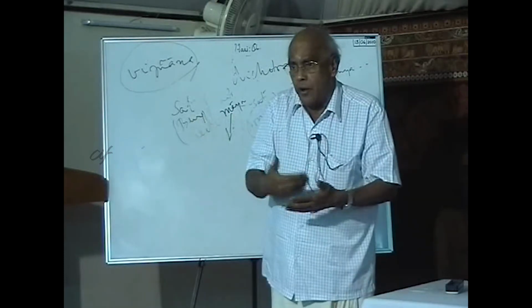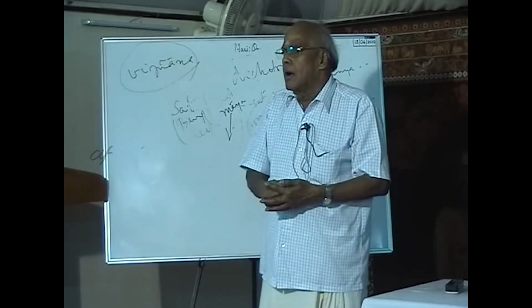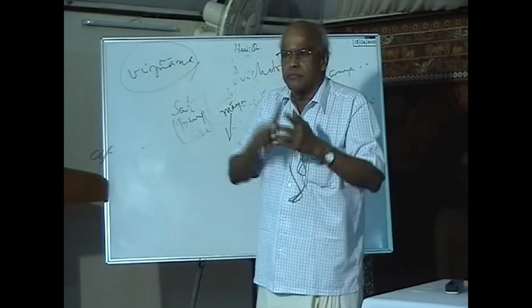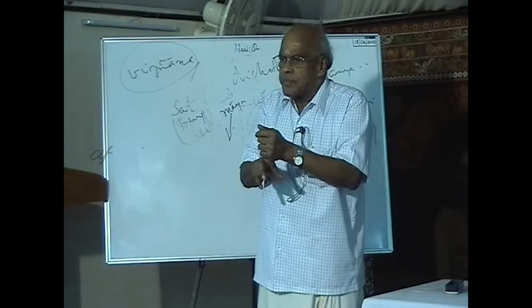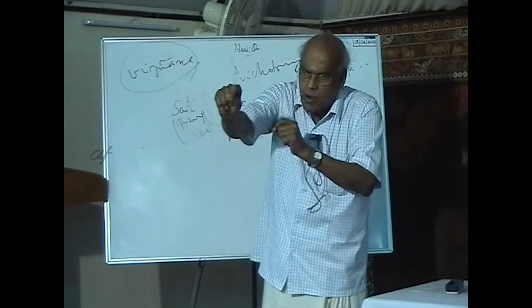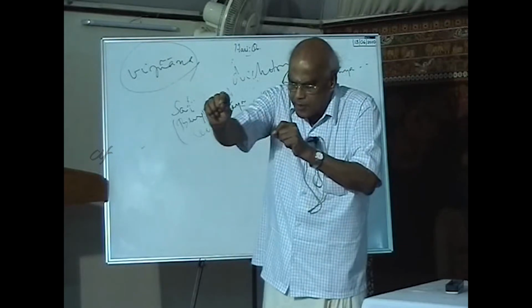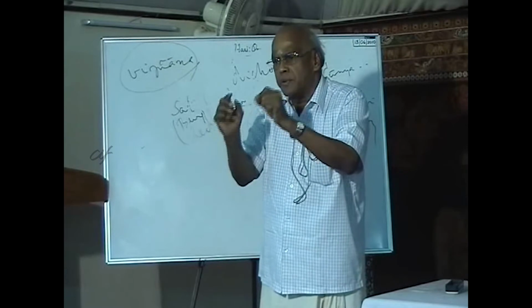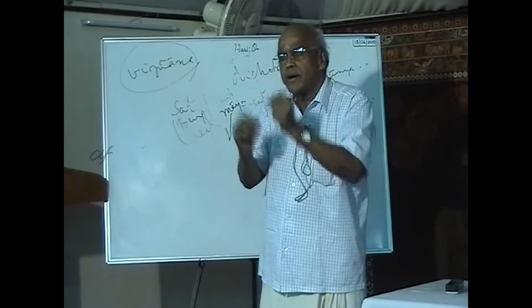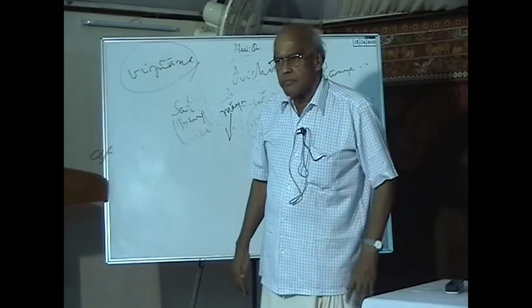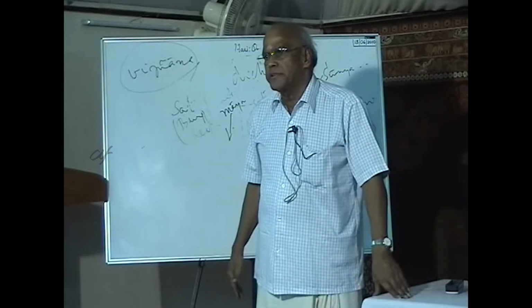One may agree, one may not agree. The problem is viewed in terms of the definition of Sat and Asat and finding a logical predicament such that we cannot call it Sat, we cannot call it Asat. The Advaita says that it has to be given a logical status. What kind of a logical status? We will call it Anirvachaniya.